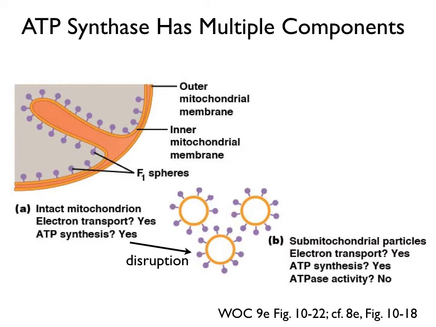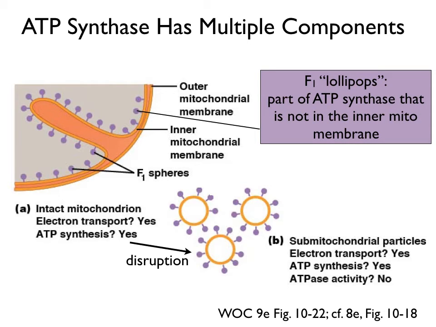We can do ATP synthesis and we can do electron transport. And the reason that it runs in this direction is because we can create a proton gradient in the middle of these membranes, and this can be used to drive ATP synthesis. More on that in a moment.